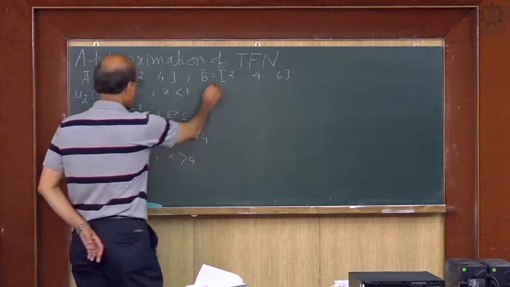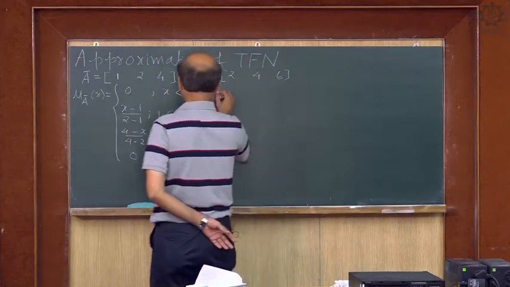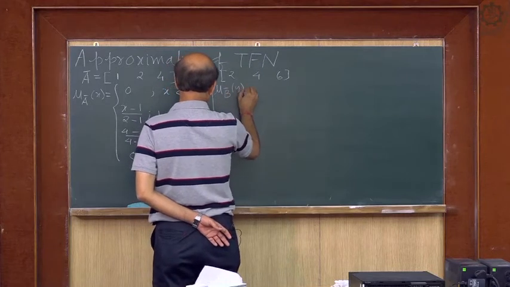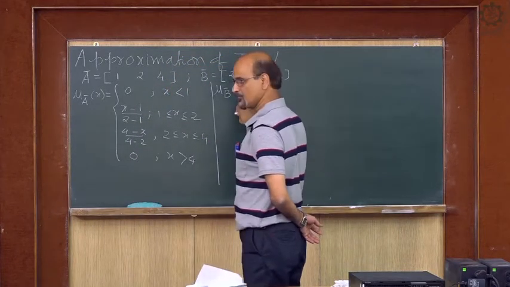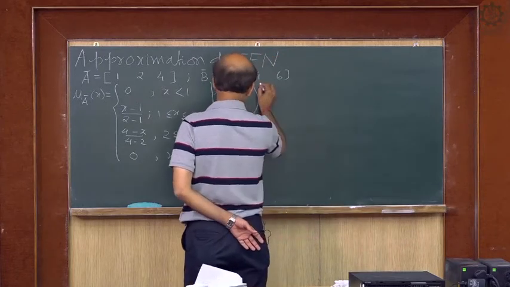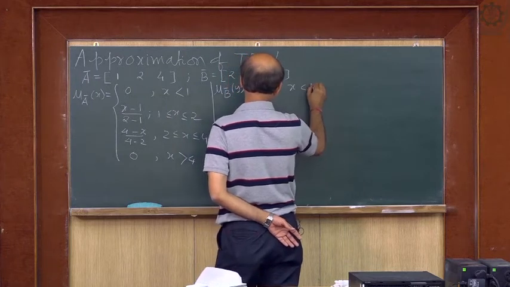Similarly, if I want to write B bar, I have mu B bar y. I am taking a different variable, here x, here it is y, and this is 0 when y is less than 2.